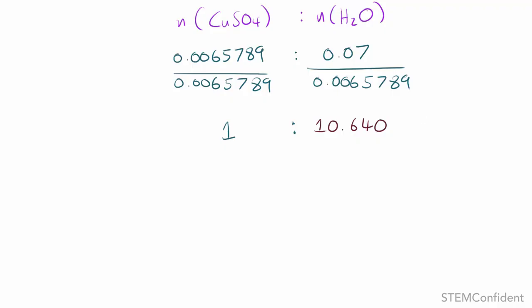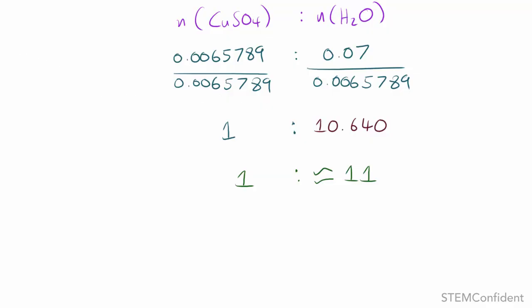So we're going to round this value to the closest integer, which in this case is 11. On that basis, for every 1 mole of CuSO₄, we're approximately going to get 11 moles of H2O.